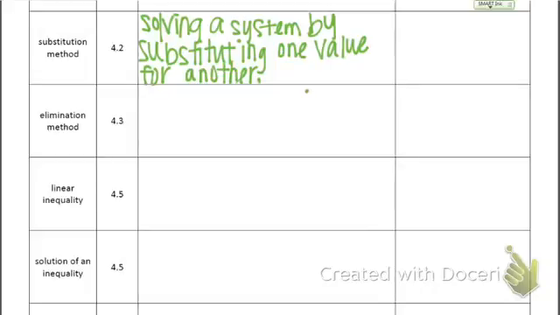Something replacing something else. So the example that we're going to use is, if I have a system, and I'm just going to give you a very simple example: y plus x equals 3, and y equals 2x.